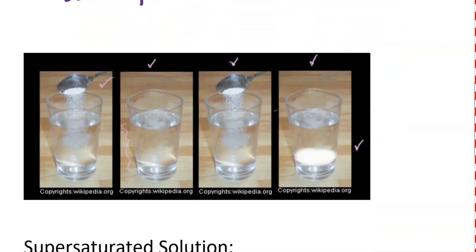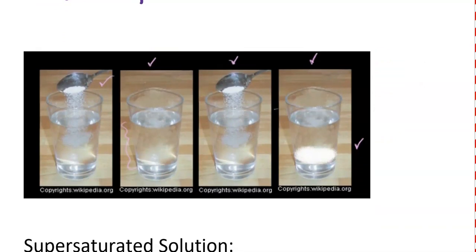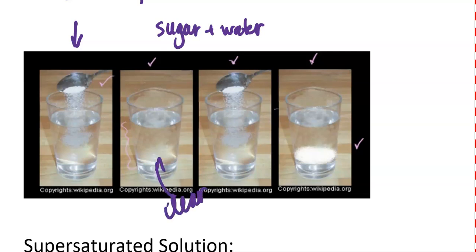So again, I'm not sure how many of you have ever played with this in the kitchen at home, but what we have here is basically sugar being added to water. All right, so basically we're creating an aqueous solution of sugar and water. And basically what we have going on here all the way on the left is we're just starting to add the sugar, and if we go and we add and we stir, basically we still get a clear solution.